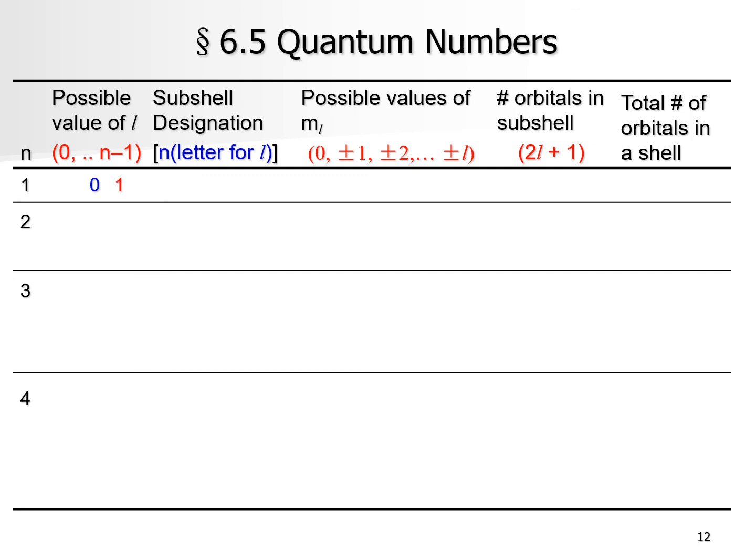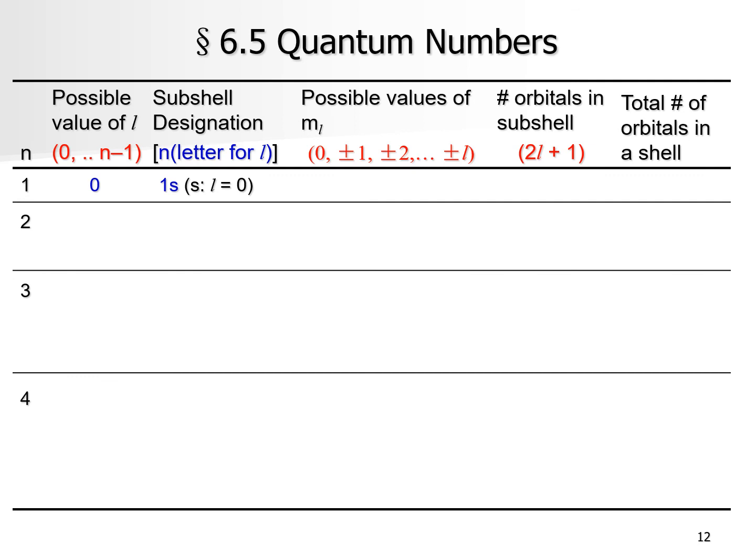So L is always less than N. So 1 is not allowed. The letter that we use to designate L equals 0 is S. So that's why this particular shell is called 1S.